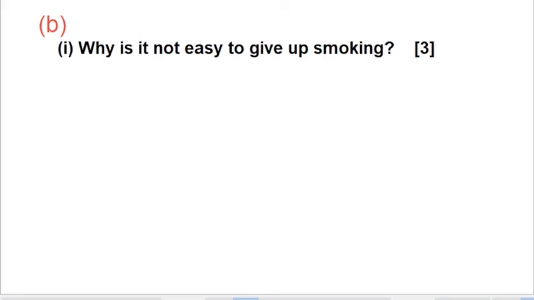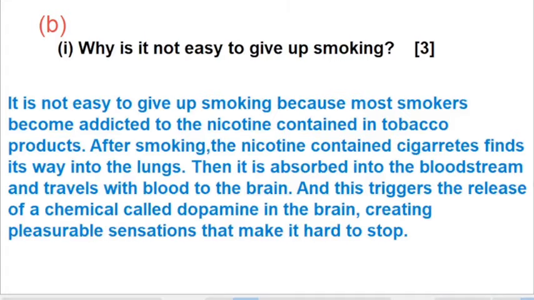So here we have said it is not easy to give up smoking, because most smokers become addicted to the nicotine contained in tobacco products. After smoking, the nicotine finds its way into the lungs, then it is absorbed into the bloodstream and travels with the blood to the brain.